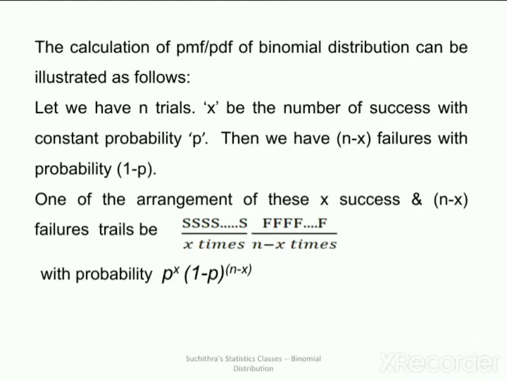With probability of S is P. So, x times S is P raised to x and n minus x times F, that is 1 minus P. So, with probability P raised to x, 1 minus P raised to n minus x.